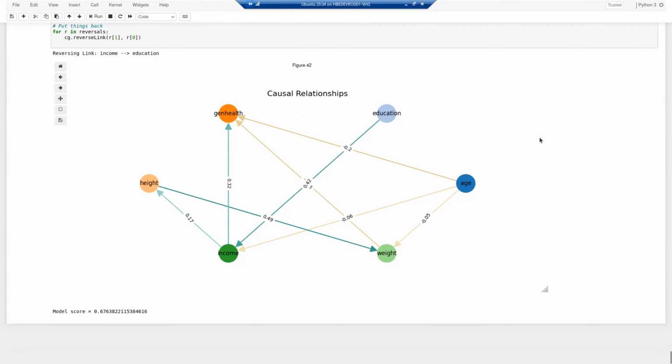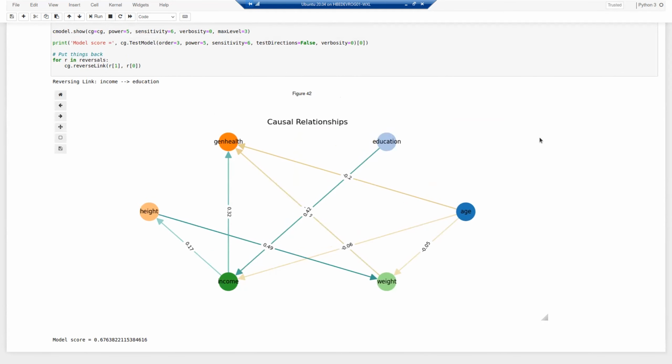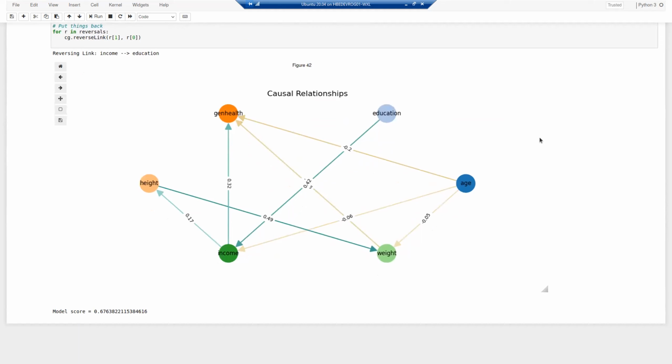So that's it. That gives you a quick overview of how to apply the toolkit both statistically and causally to real world data. Shows that there is some power to the detection of the relationships, both in terms of what elements are related and what the direction of those relationships are. So we're very pleased with that.